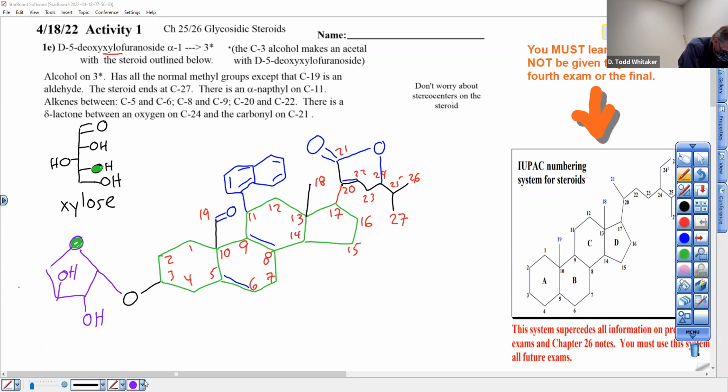Okay, after all your rotating, and remembering there was an H here, now you see why it's alpha. The CH2OH is trans to the black O down here. These are trans. And now you got your full credit. Congratulations. Activity 1 is over. Hope I didn't miss anything.